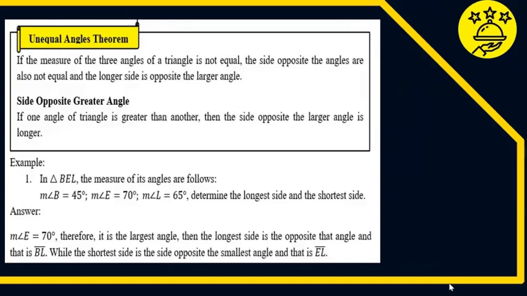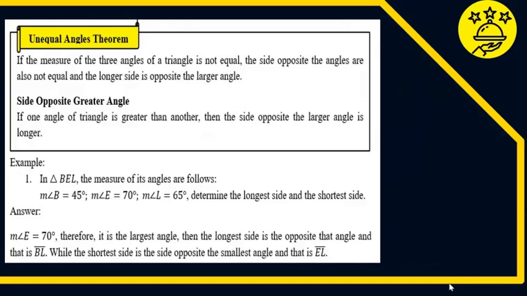So let us have an example. In triangle BEL, the measures of its angles are as follows. The measure of angle B is equal to 45 degrees, the measure of angle E is equal to 70 degrees, and the measure of angle L is equal to 65 degrees. Determine the longest side and the shortest side. Here, the measure of angle E is 70 degrees, therefore it is the largest angle.